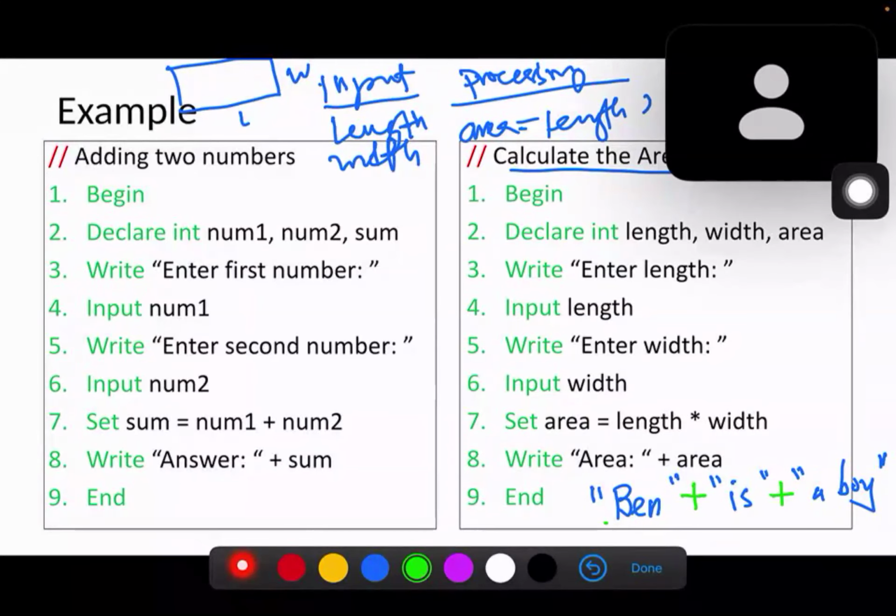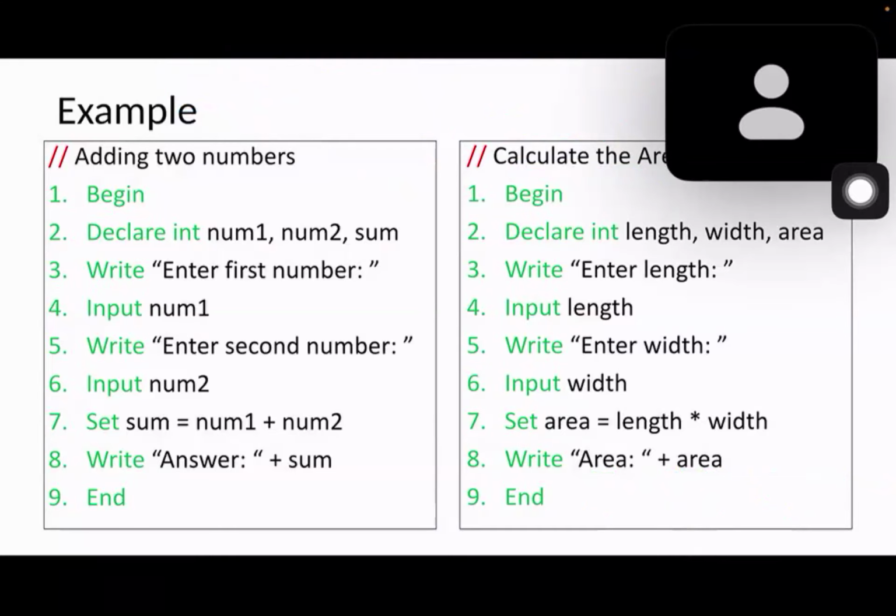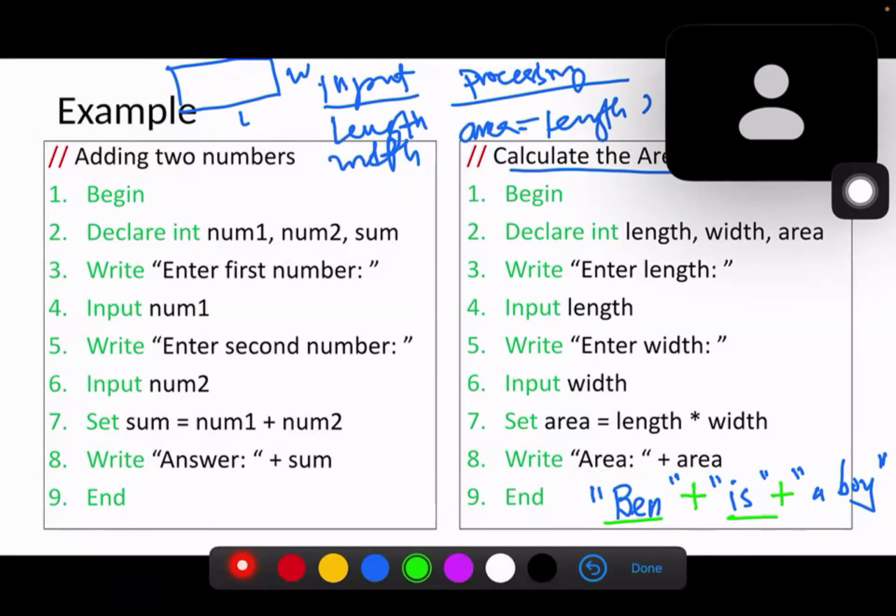So in the end, you see pen is a boy. When you see the plus, it means we are attaching this to the back of the string. We can only use the plus for calculation like 2 plus 2 or 3 plus 3. But in programming, we can also use it to pick something and put it at the back of another thing. When you do that, we call it append.